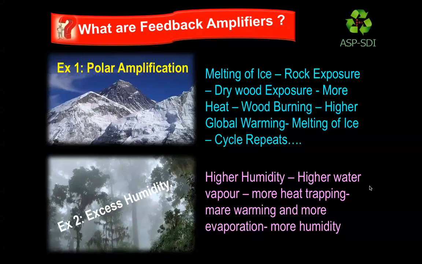When this concentration of vapor in the atmosphere increases, and water vapor is one of the gaseous forms of water, this vapor has tremendous heat trapping capacity, and it traps more and more heat, giving rise to a lot of humidity, and then it further amplifies the global warming. So such events are actually called feedback amplifiers.